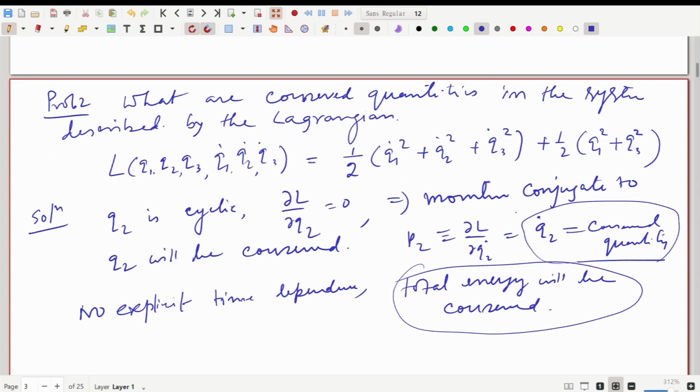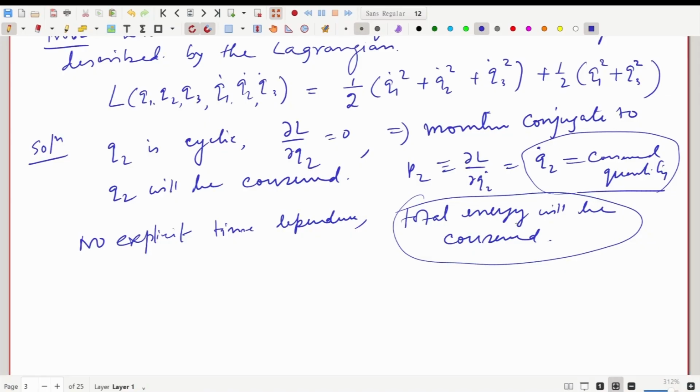Most students generally find these two conserved quantities, but you have to look for another quantity. You have to check whether any other quantity will be conserved or not, for example related to rotational invariance, whether this Lagrangian is invariant under any kind of rotation.